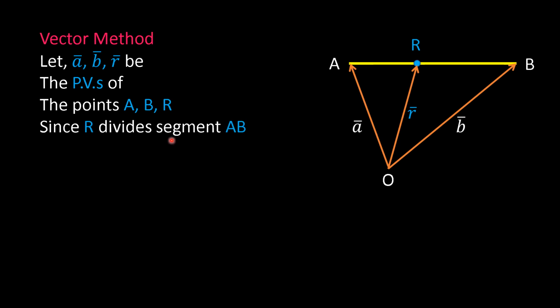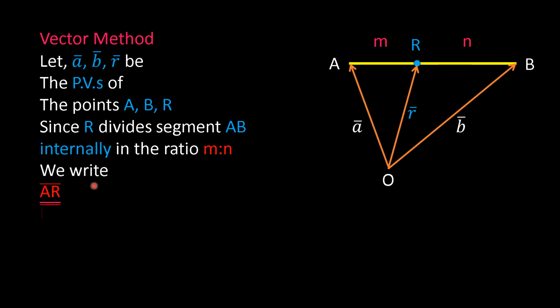Since R divides segment AB internally in the ratio m/n, we write AR bar upon RB bar equals m/n.